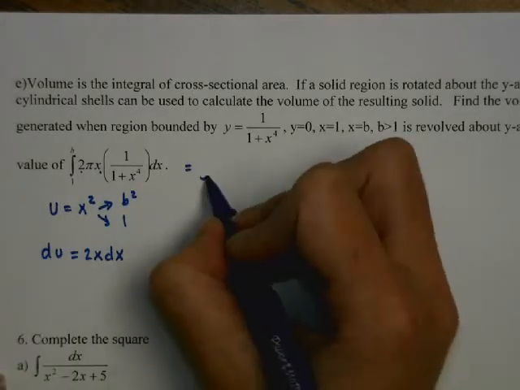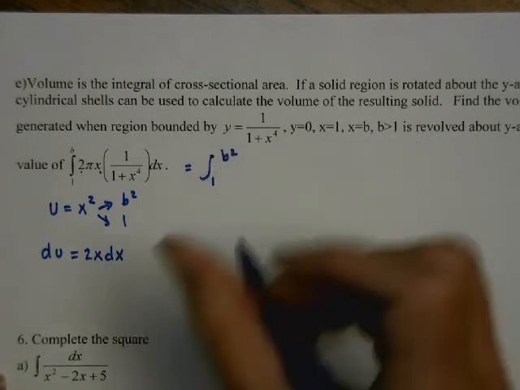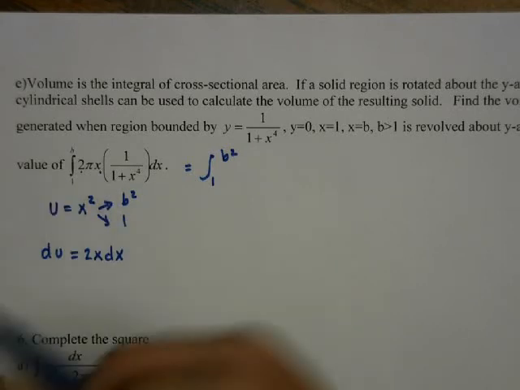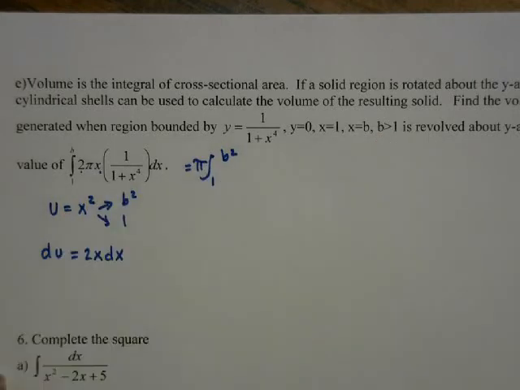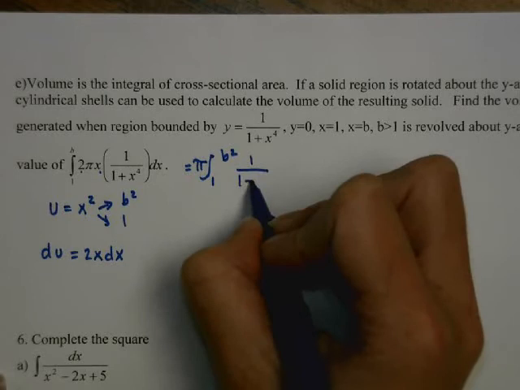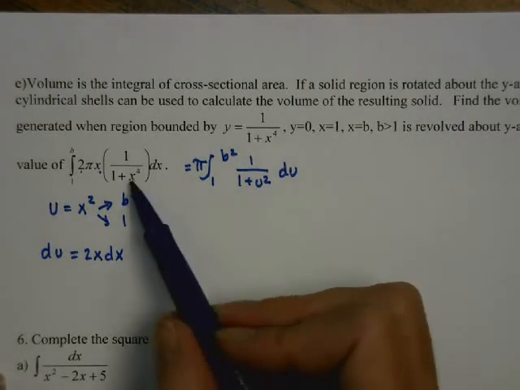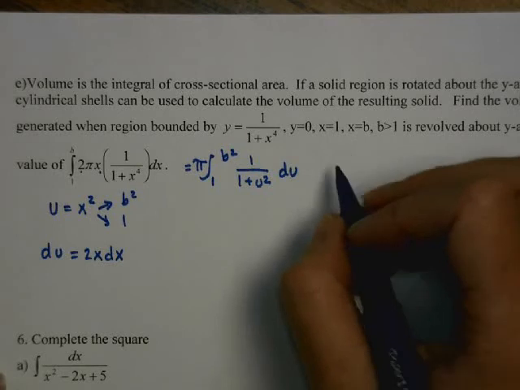So this is now going to be the integral from 1 to b squared. The 2x dx gets replaced with du. So we are going to have the pi. I'm going to go ahead and bring that out here. Okay, and then our u, or x squared squared gets replaced with u squared.